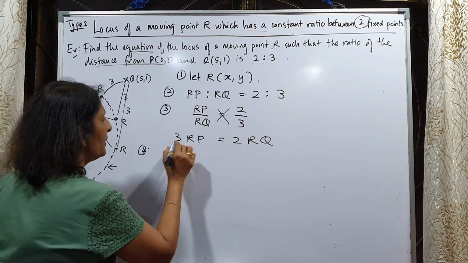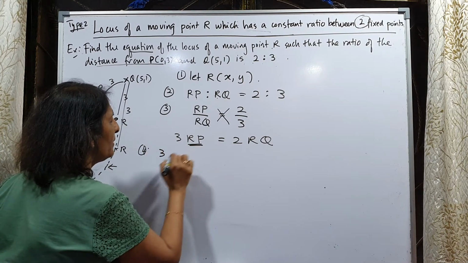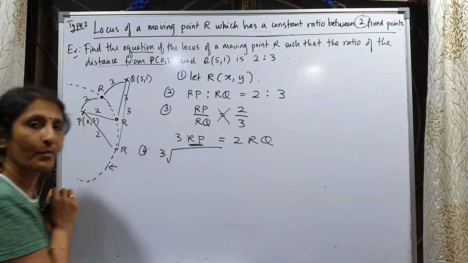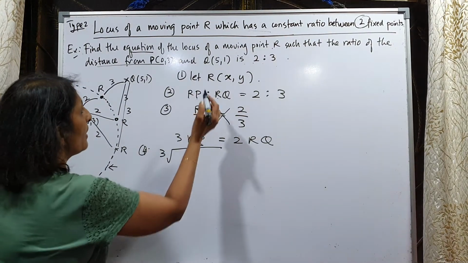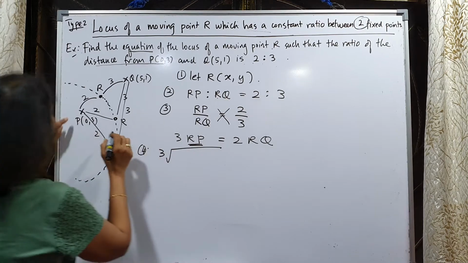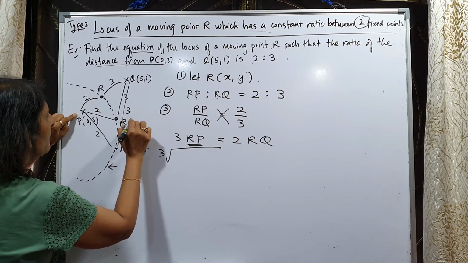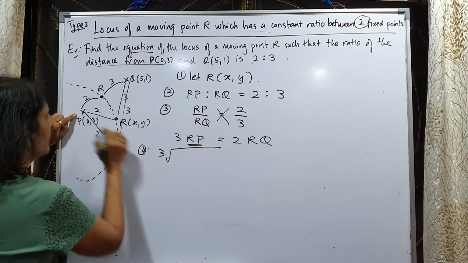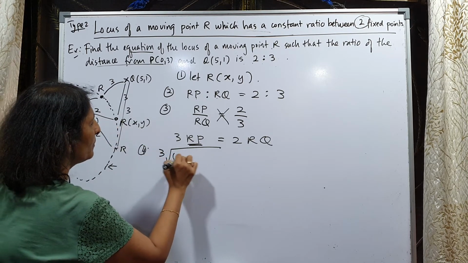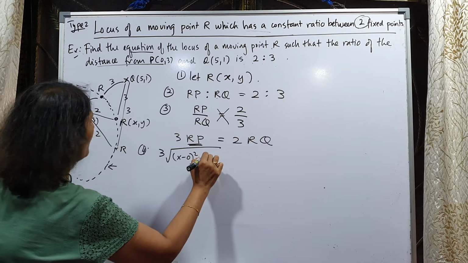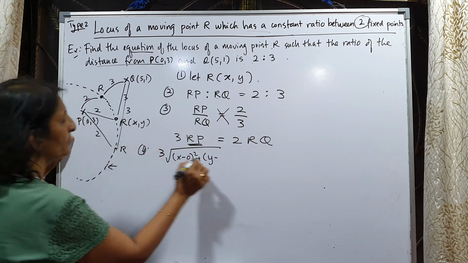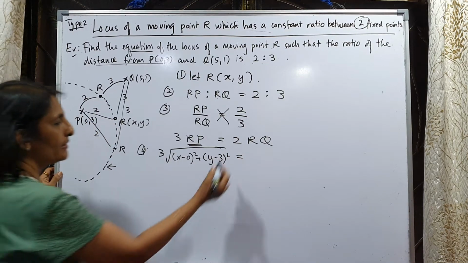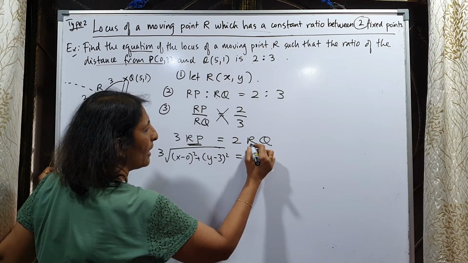3. What is RP? Distance of RP, we use the distance formula. Okay, so R is xy. R to P. So x2 minus x1, this is x minus 0, plus y minus 3 square, equals the other side, 2 RQ.